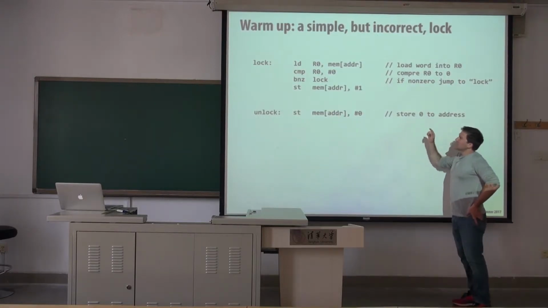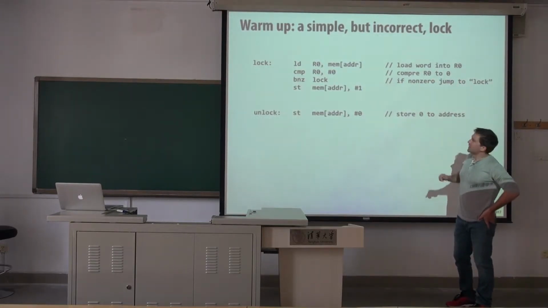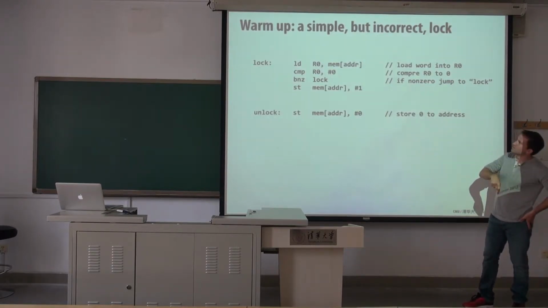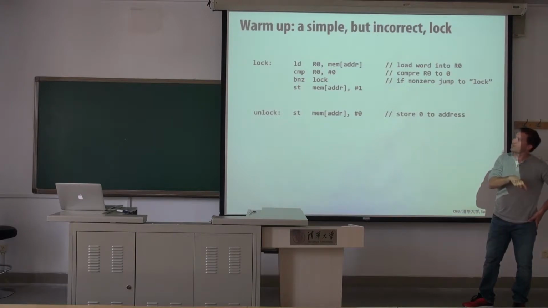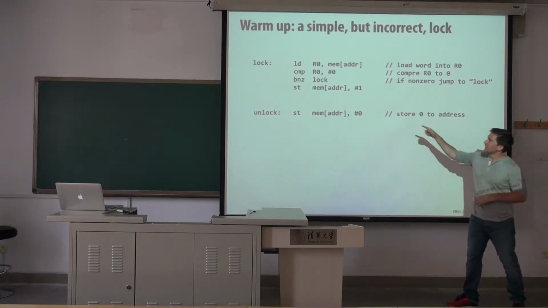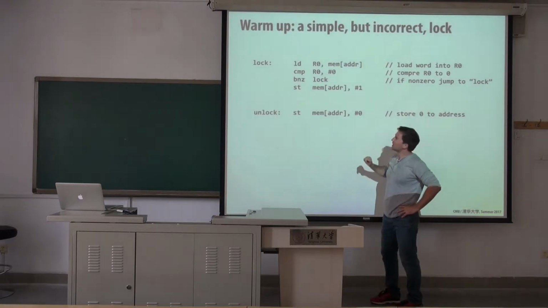So the implementation of lock says the following. We're going to load mem addr into register R0. We will compare the value of register R0 to the value 0. That's the CMP instruction.